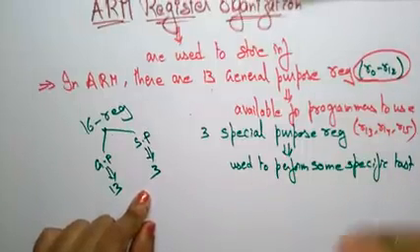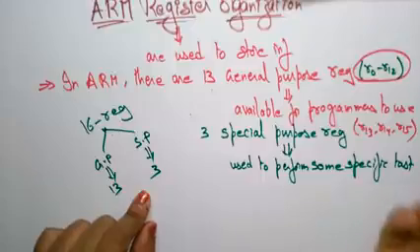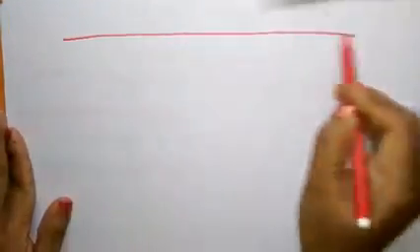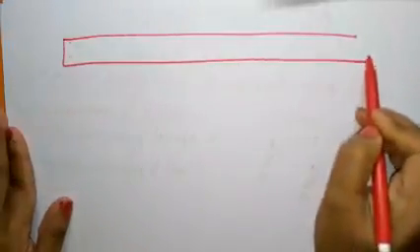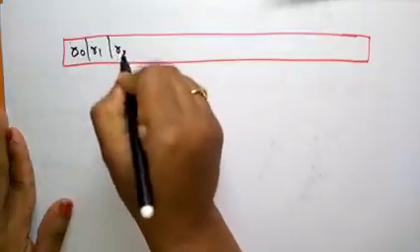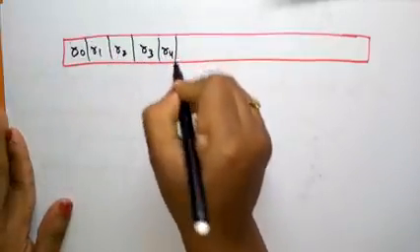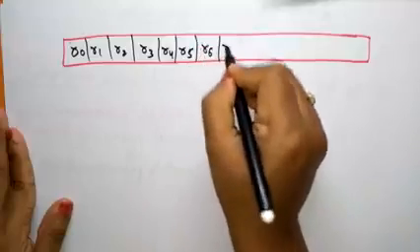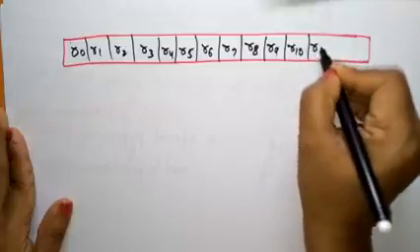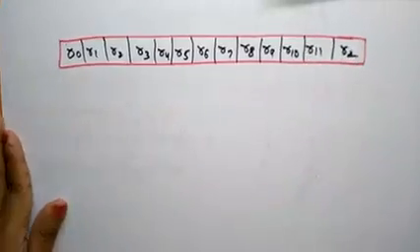So what are R13, R14 and R15? Everything will be seen in the structure. Now let's see this register structure. Let's take R0, R1, R2, R3, R4, R5, R6, R7, R8, R9, R10, R11, R12.